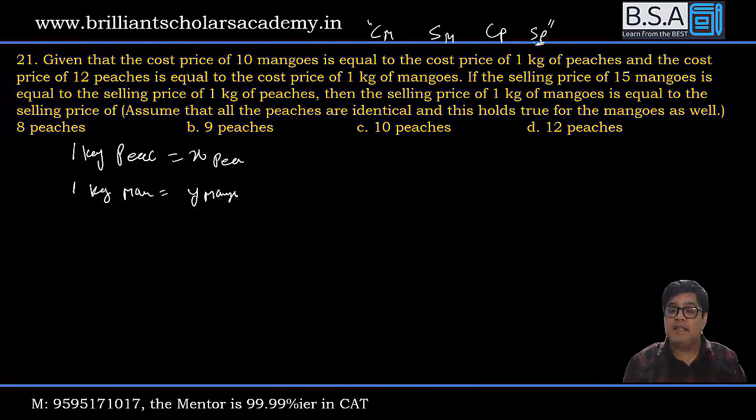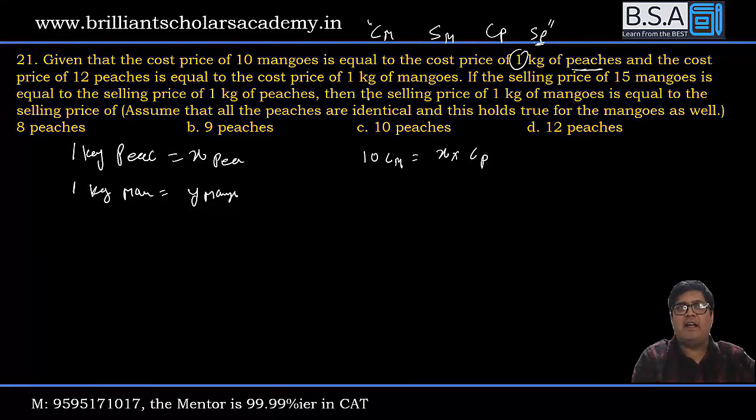What does the first one say? Cost price of 10 mangoes. 10 cost of mangoes is equal to 1 kilogram of peaches. I've assumed 1 kilogram is equal to X peaches. X into cost price of peaches.